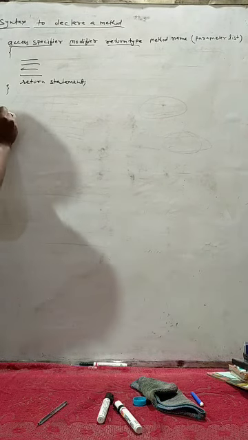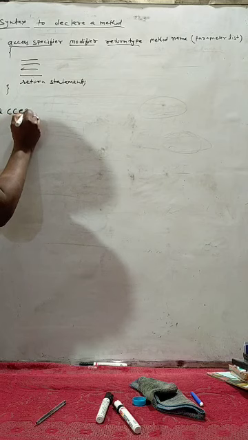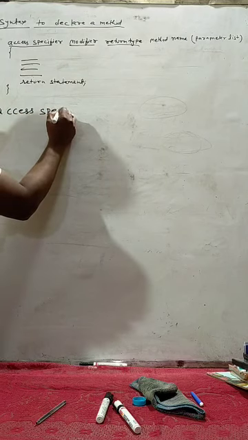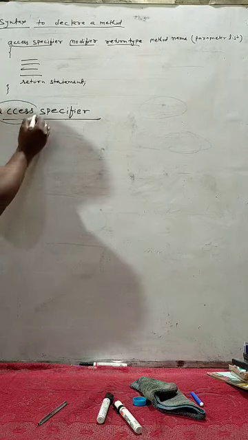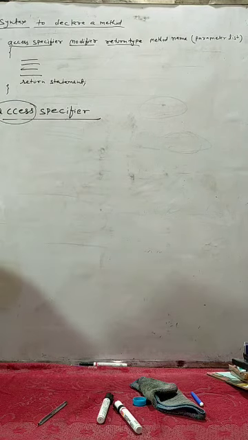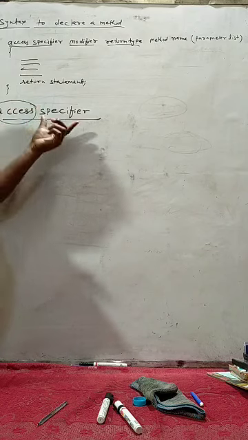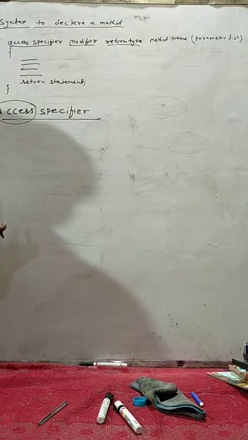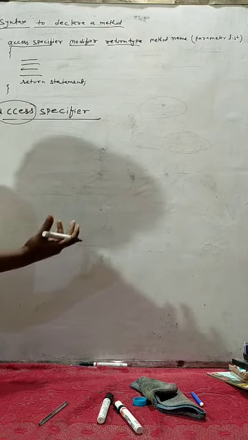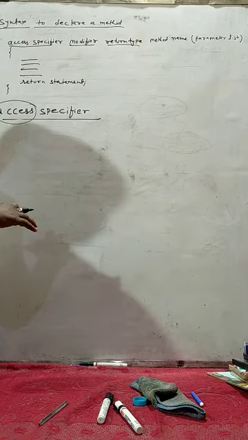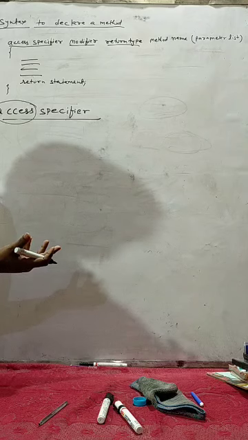I hope you have copied. So first of all, access specifier. Access means clear. It clearly says that the access specifier indicates whether the method can be accessed or not, or from where it can be accessed.